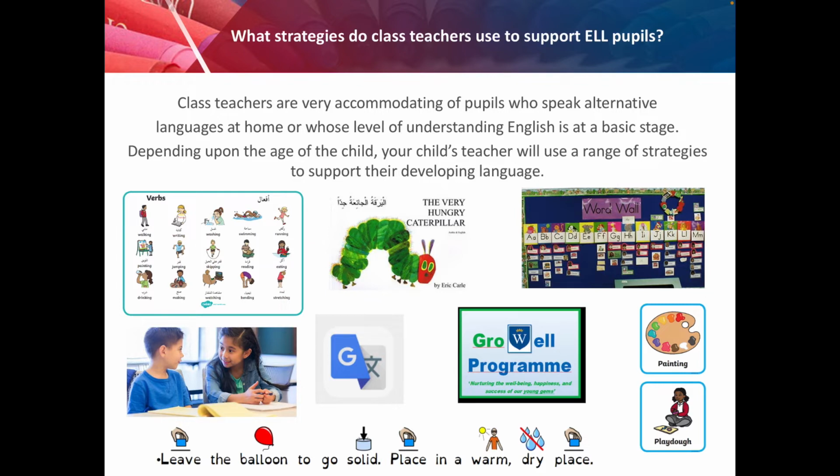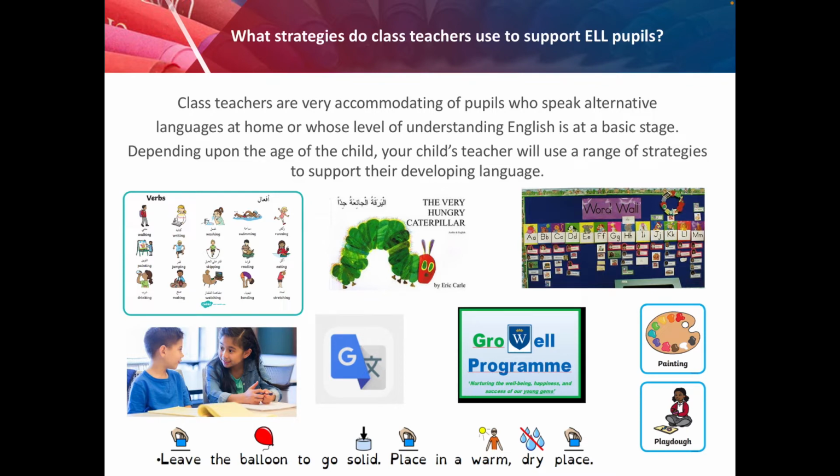We have apps available in school where we can convert a piece of text and automatically it will give us pictures, or they're called symbols. Even if your child isn't at a stage of being able to read fluently in English yet, or at all, the pictures are there to support them in understanding what that sentence is actually about. They can almost read the sentence without needing to read the words. And that's used quite widely throughout school.